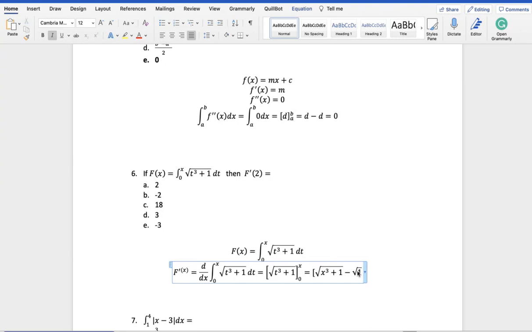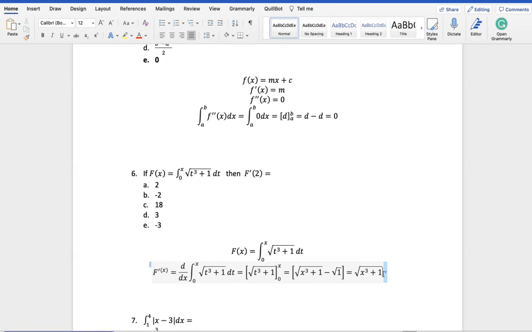So hopefully this makes sense. And when you have that, it just becomes the square root of x cubed plus 1 minus 1.